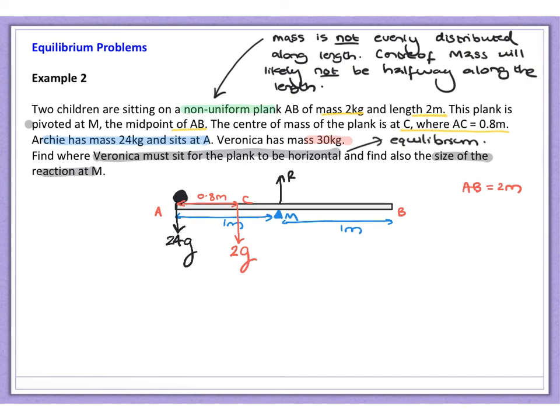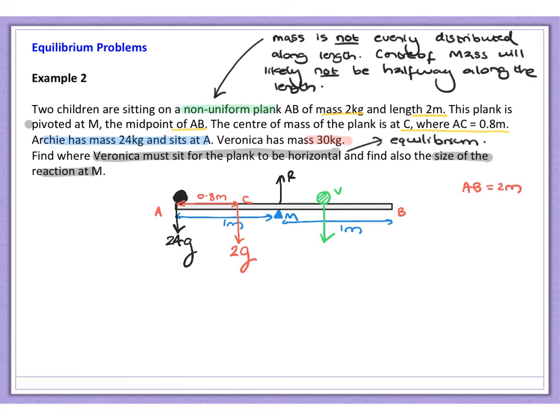Now, Veronica, we know she has a mass of 30 kilograms, but we don't know where she's sitting. So we just have to place her on the diagram. Now, people often worry about this because they don't know where to put this extra particle. It doesn't matter because ultimately the question will work out in the end. I'm going to place Veronica over here.